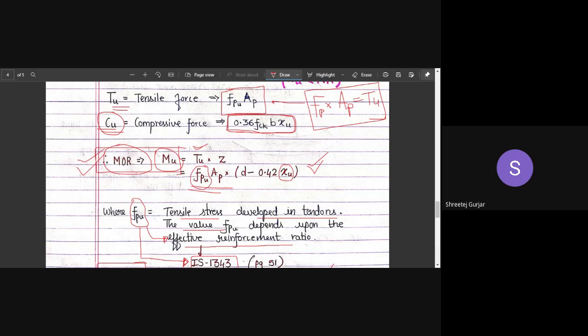So first, what you can do, you can assume that the neutral axis is lying within the flange. You can assume, and you can find out the value of XU. If the statement turns out to be false, you can write down a statement that the neutral axis is not within the flange, it is below the flange, and then you can calculate the moment of resistance using the second formula.